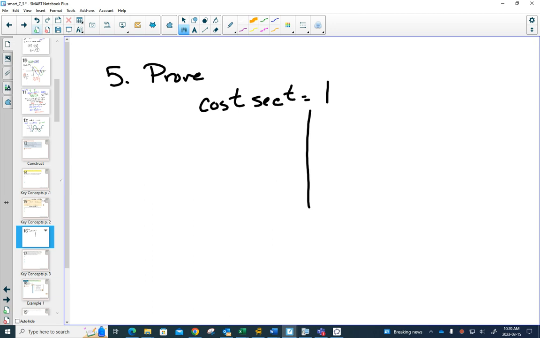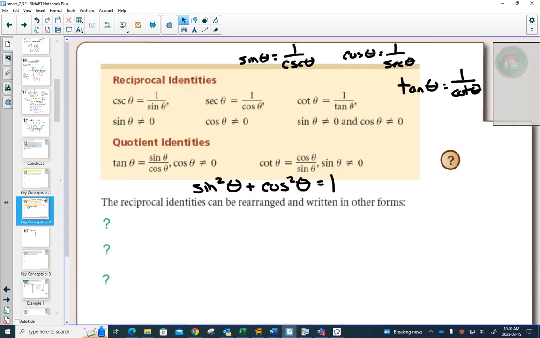So what you can do, though, is manipulate things on the left side, and manipulate things on the right side, and it's a puzzle to see if you can manipulate things so that both sides are identical. The only tools that we have are in this box on the left.